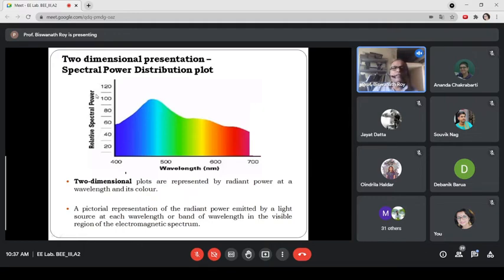Why relative? Because it is plotted in terms of 100, so it is called relative, no other reason. For this reason the unit is also not given, right? So it is relative optical power. So from this two-dimensional presentation of the spectrum, what do we get? The wavelengths present in the radiation, and the associated optical power in those wavelengths.